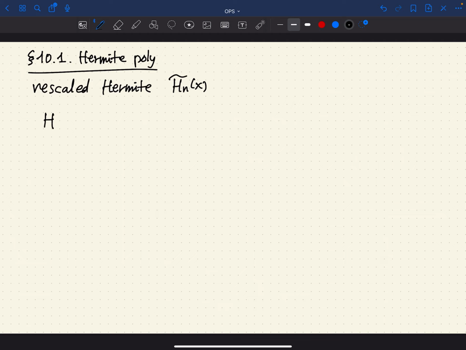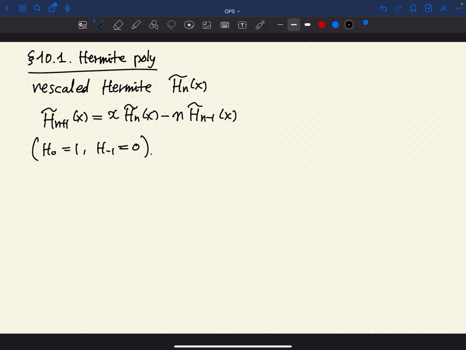They satisfy this recurrence relation. After rescaling, we get a nice recurrence like this. And as usual, the zero term will be 1, and the minus-1 index gives us 0, like that. So we have a recurrence like this.